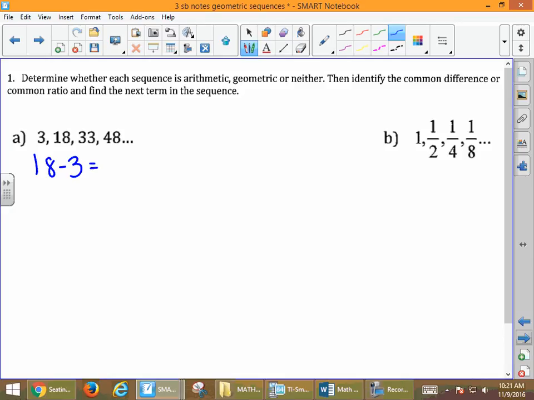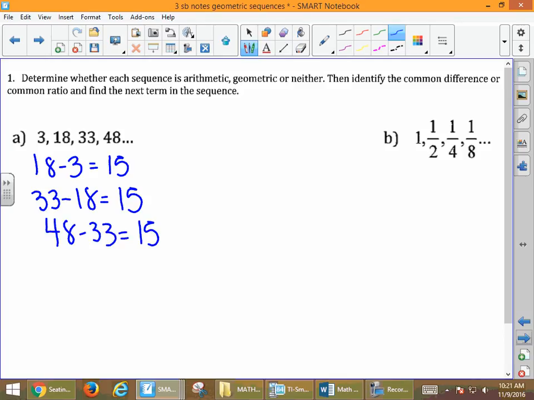18 minus 3 equals 15. Does 33 minus 18 equal 15? Or 48 minus 33? Does it equal 15? And they do.